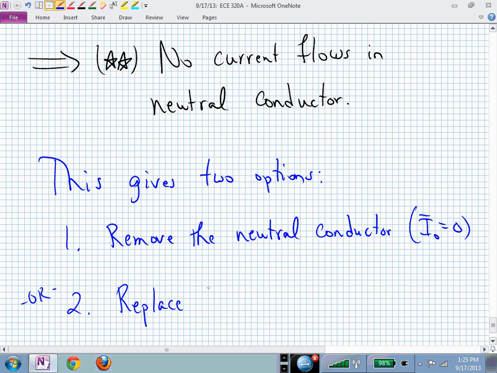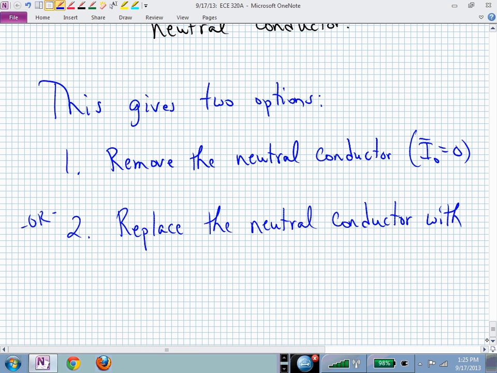We can replace the neutral conductor with a perfect short circuit, or Z sub 0 is 0, or that's what we ended up with, V sub n bar equaling 0.